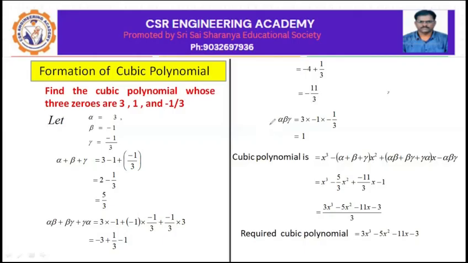Product of three zeros alpha beta gamma is equal to 3 into minus 1 into minus 1 by 3 is equal to 3 gets cancelled, minus 1 into minus 1, that is plus 1.